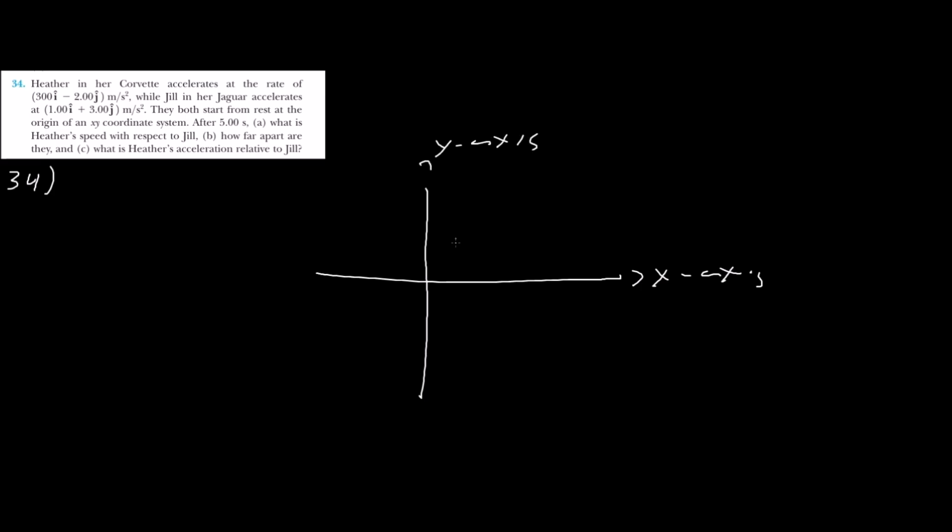This is the x-axis, this is the y-axis. The acceleration for Heather is 3 meters per second squared in the i-hat direction minus 2 meters per second squared in the j-hat direction.